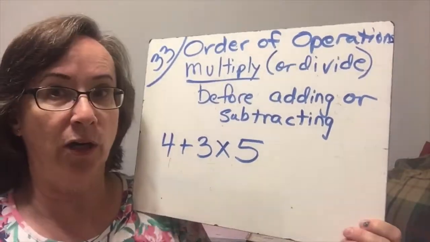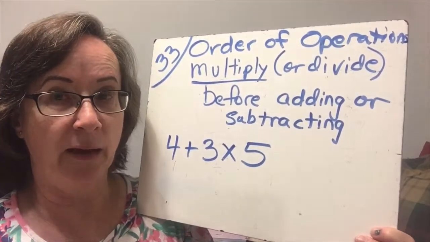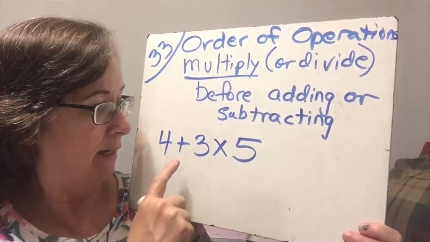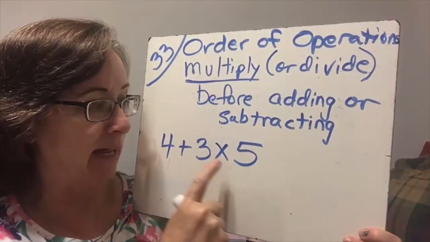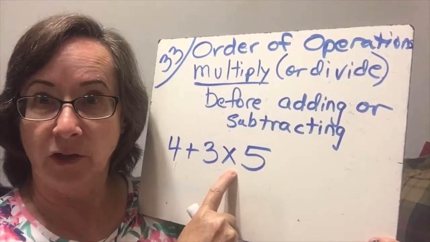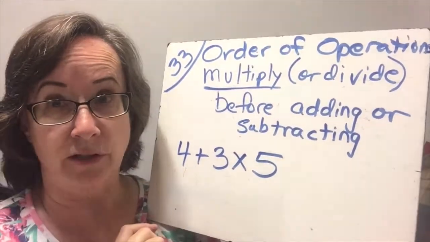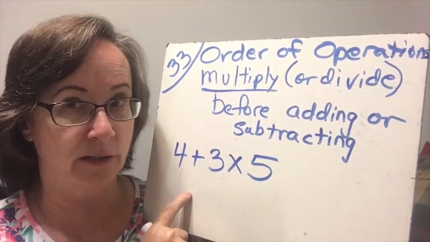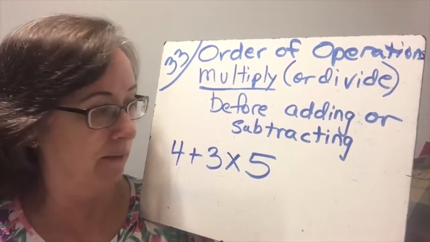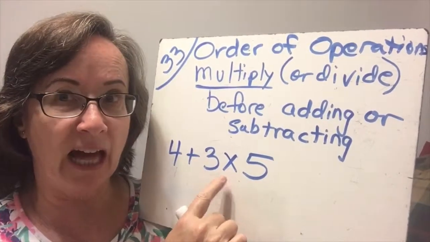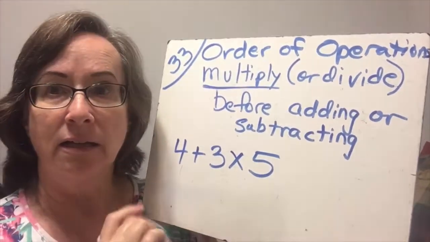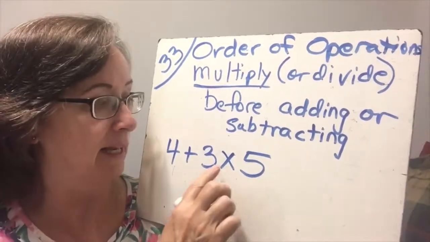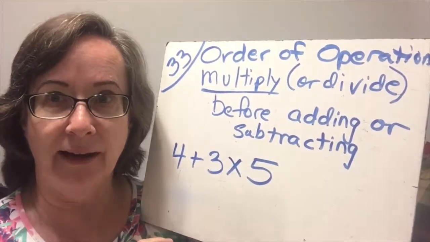So if you were walking up to a captain and a general, you would salute the general first, okay? Because he is a higher ranking officer than the captain is. Okay, so you're always going to look at the highest ranking operation, and times outranks addition.